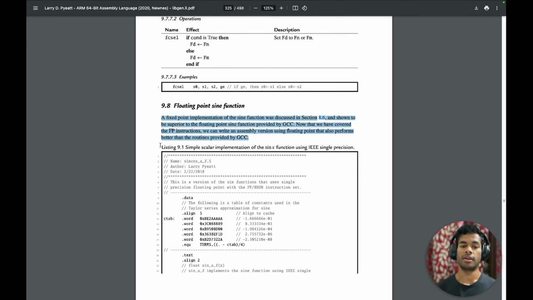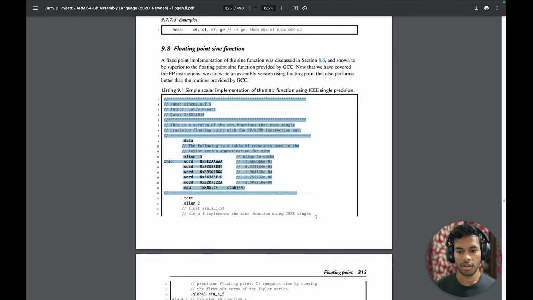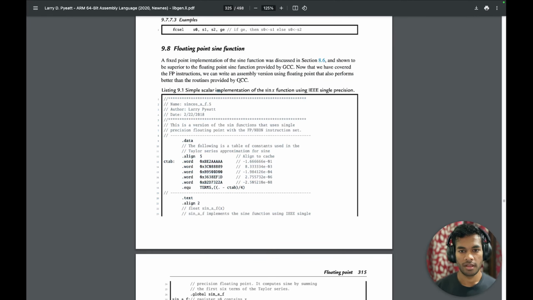Okay, so in this code, we are going to write our own code that finds the sine for a given number. The special thing about that code is, first of all, it uses the vector instructions, and second, it is faster, more optimal than the one provided to us by GCC.